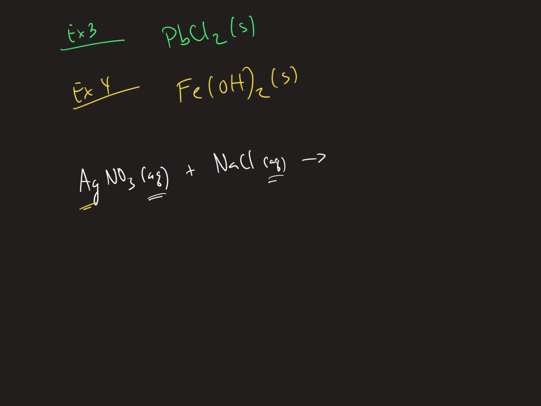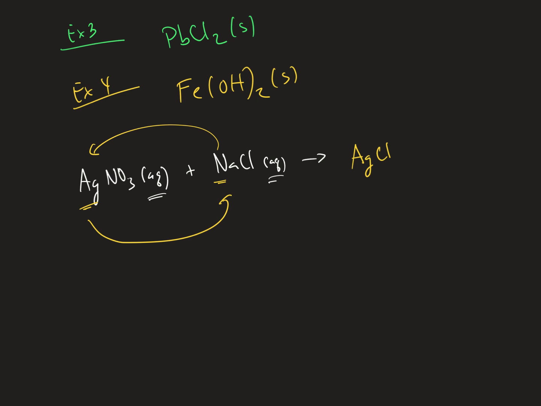So the 2 cations swap partners, right? That's what happens. So silver, what's the charge of silver in silver nitrate? 1 plus. That means it's going to stay 1 plus in this reaction. And it's going to hook up with who? Chloride, which is 1 minus. So what's the chemical formula for silver chloride?